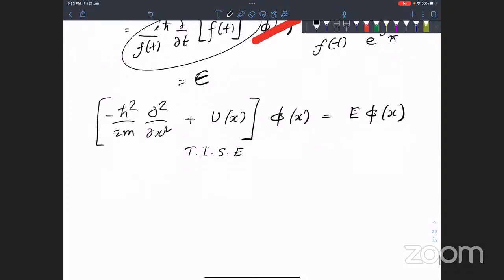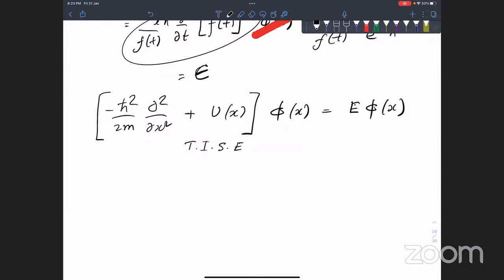And automatically, even without doing anything, we have concluded that all such possible solutions must be energy eigenstates, which means that they must always have constant energy. Their energies don't change. So the solutions to this Schrodinger's equation, those wave functions, are all energy eigenstates.